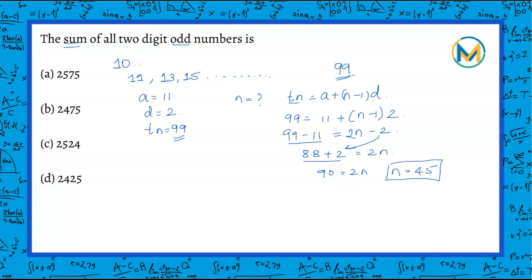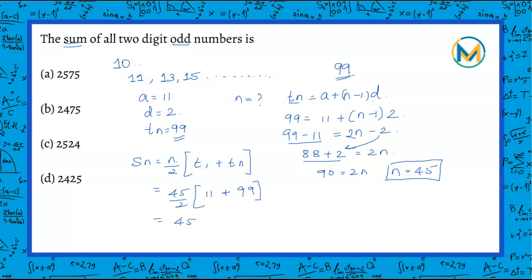Now we need to find the sum. The formula is Sn = n upon 2. I can use the formula which I used in the previous sum, or I can use this one, (T1 + Tn). So 45 upon 2, T1 is 11, Tn is 99.